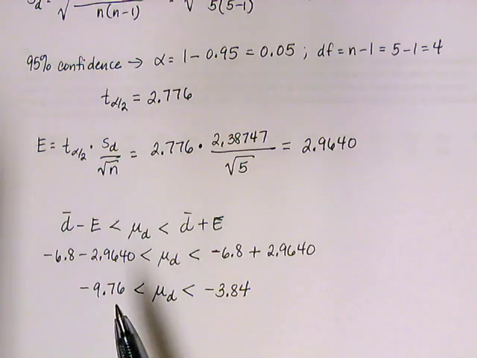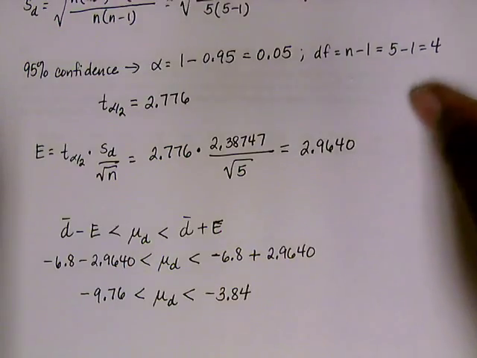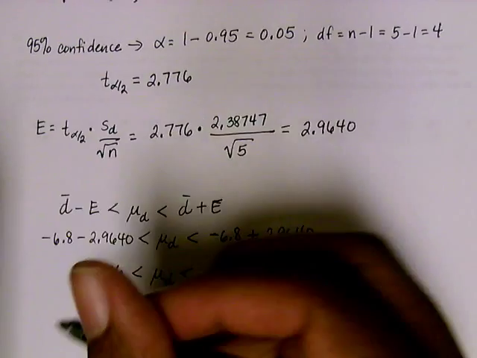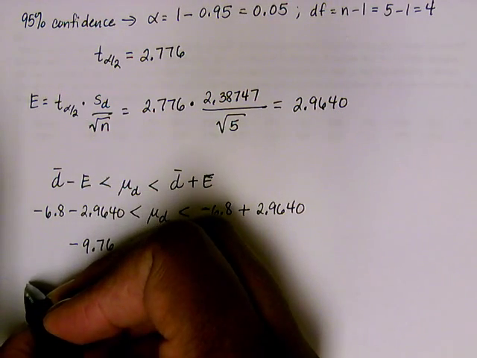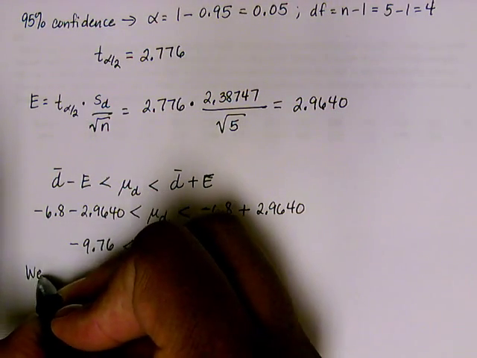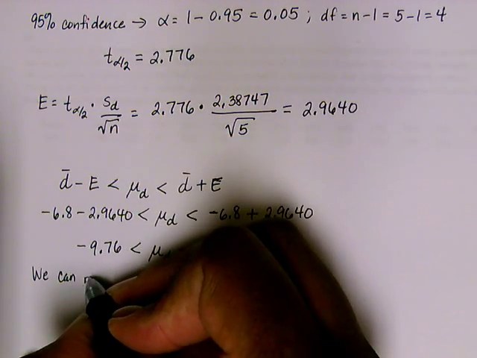Now in this case here, this confidence interval does not contain 0 because both the lower and the upper limits are both negative. So here we can reject the null hypothesis. Okay, since this does not contain 0, we can reject the null hypothesis.